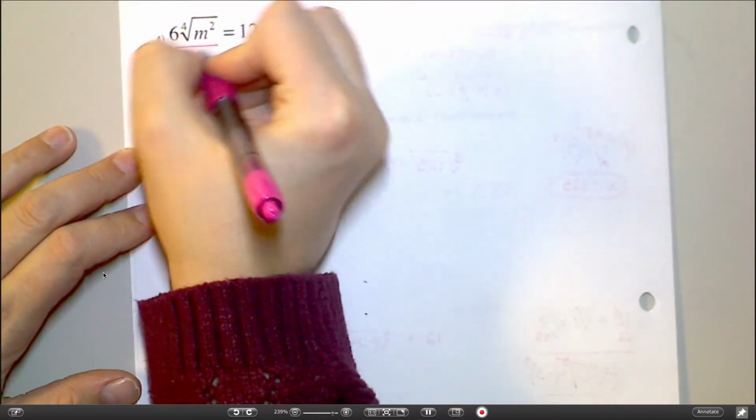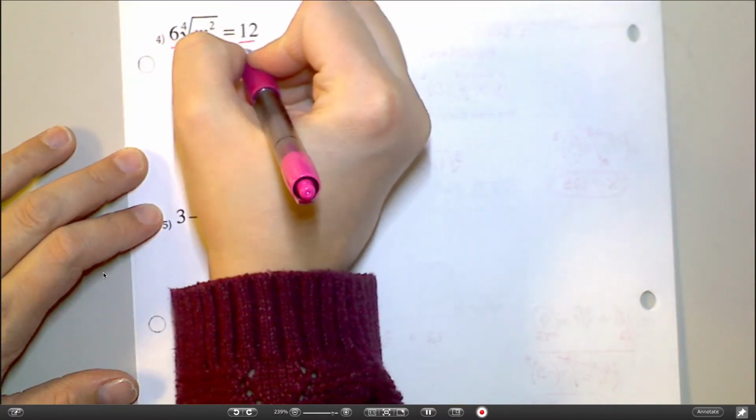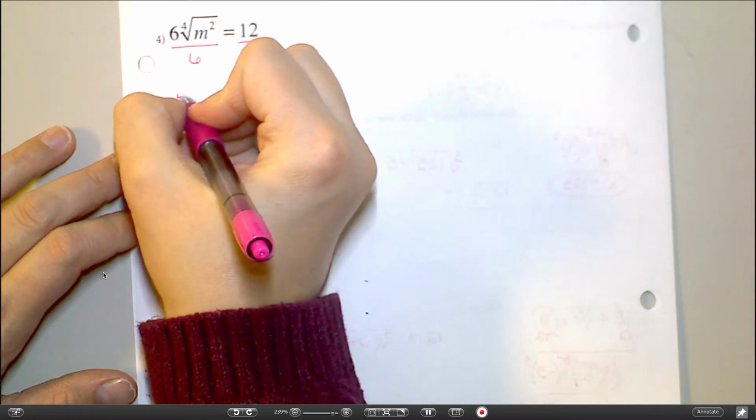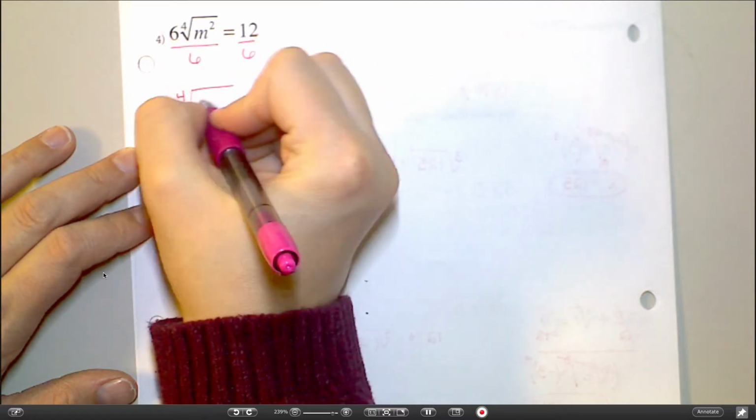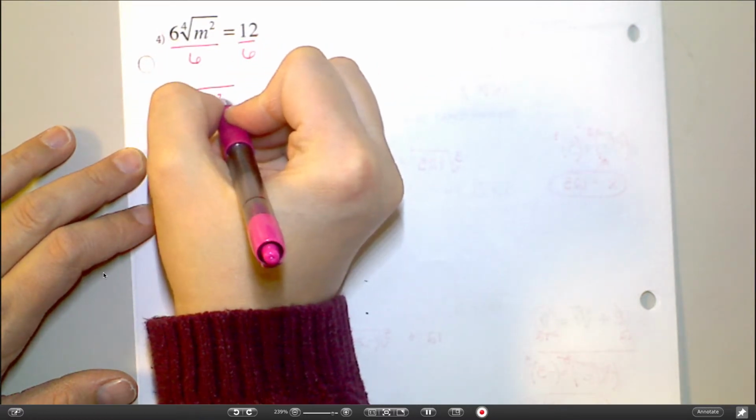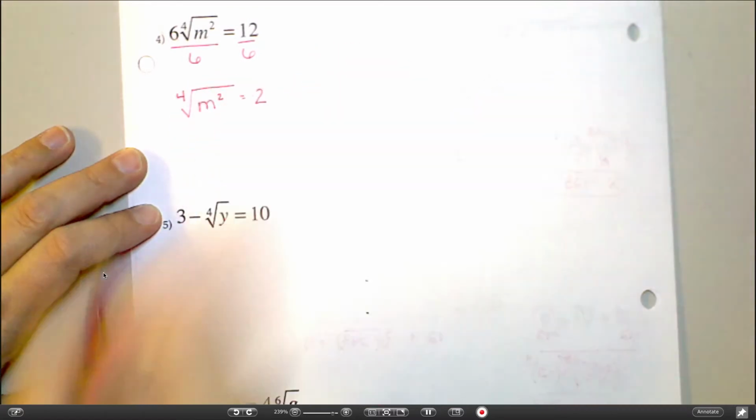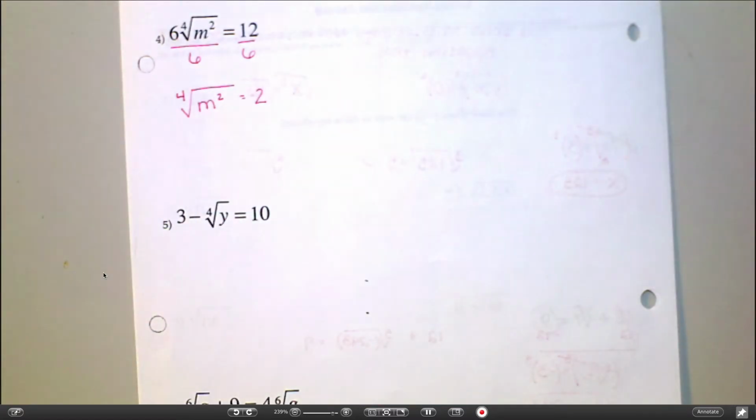Okay, so number 4. What do you want to get rid of first in number 4? Okay, let's get rid of the 6. So I would divide by 6, and I get the 4th root of m squared is equal to 2. What do you want to get rid of now?